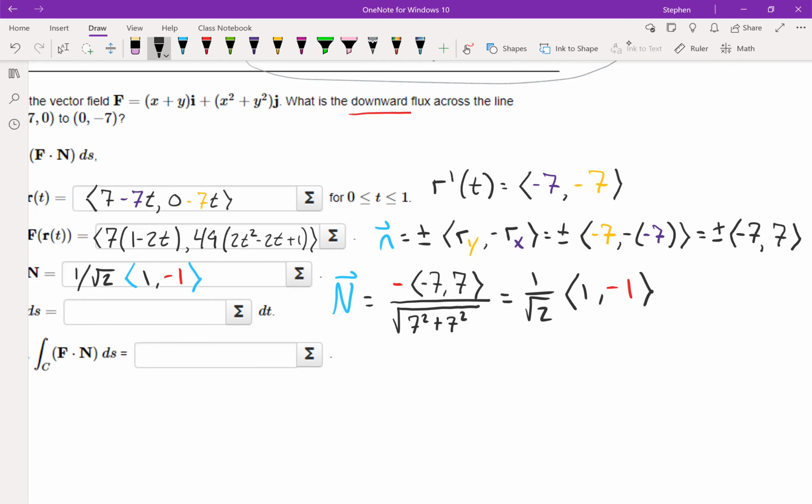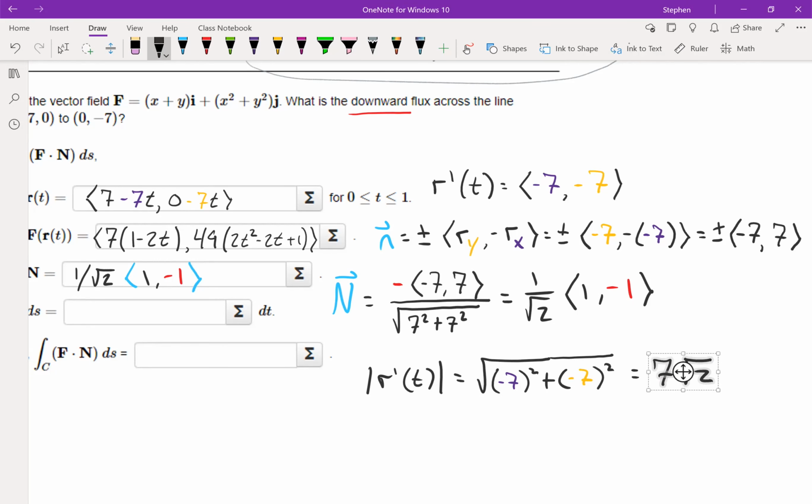I still need to get the magnitude of r prime of t, which is the square root of -7 squared plus -7 squared, which results in 7 square root of 2. So that's the value I'm going to plug in for the coefficient on ds.